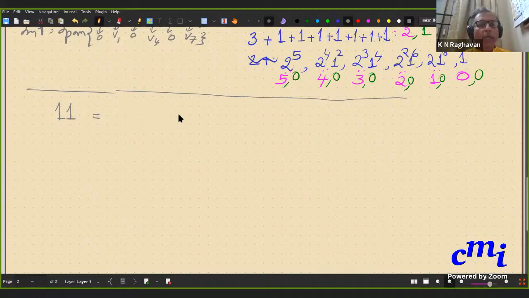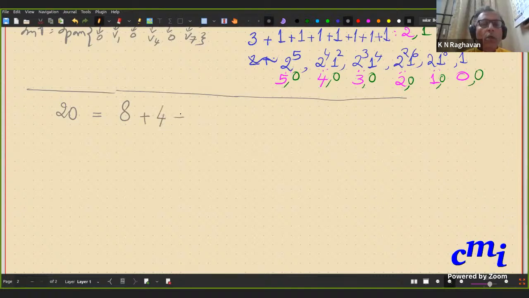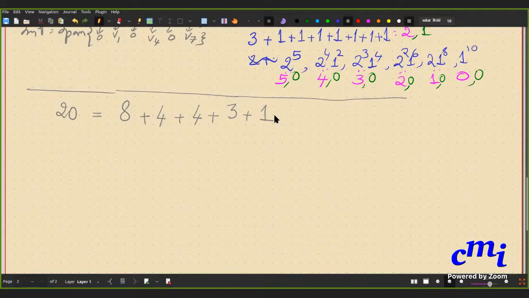I'm just going to write some partition of 11. Let me write a larger number. I'm thinking as we go along. Okay. Let me write 8 plus 4 plus 4 plus 3 plus 1.